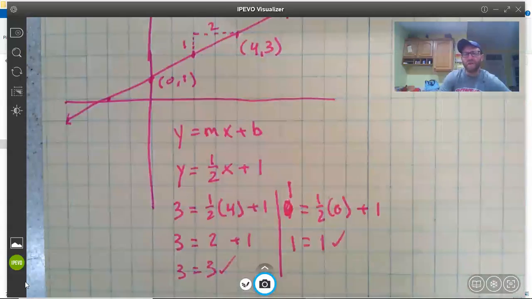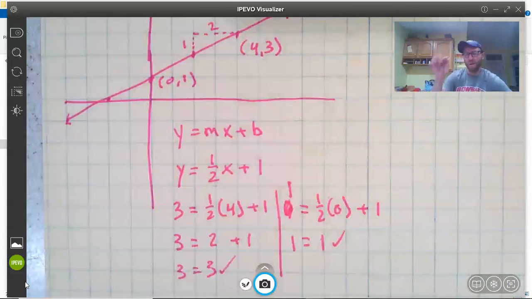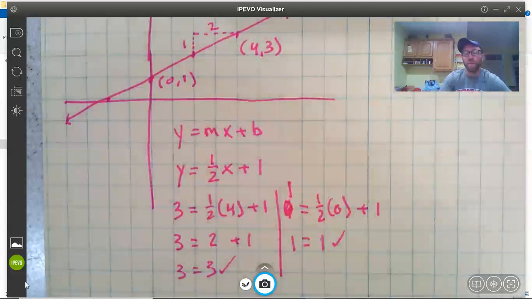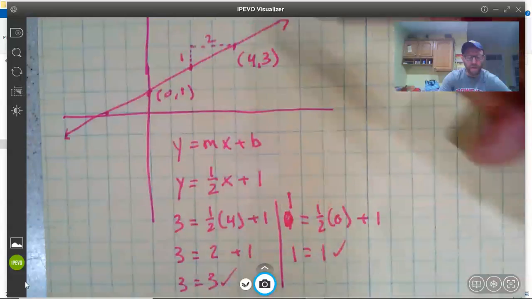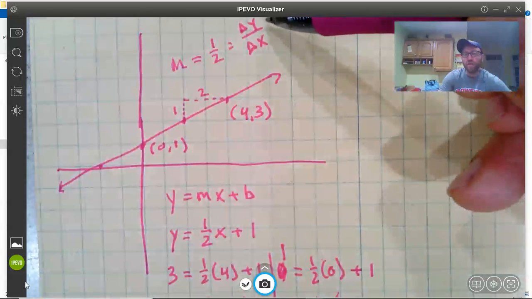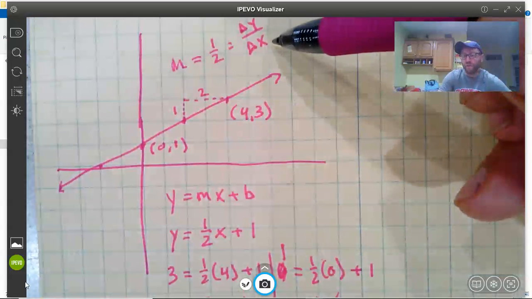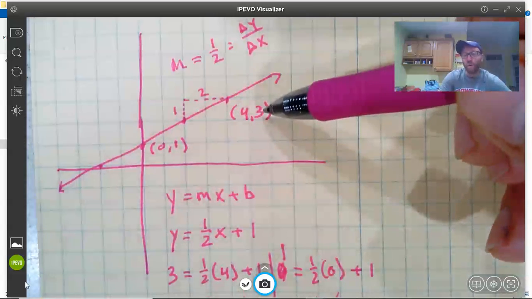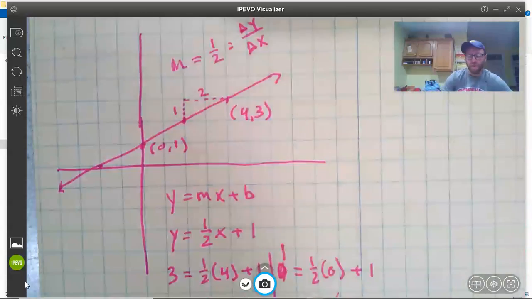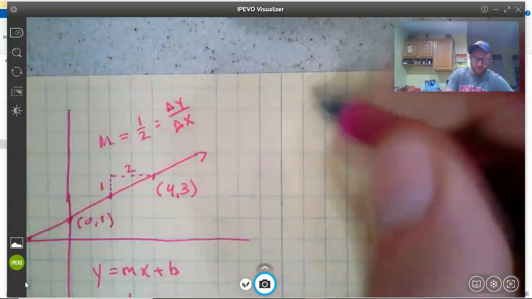Maybe you could see it on the graph, but it's clearly not a whole number, or maybe you're too far away from the y-axis, or you don't have a graph, whatever. But if you have the slope of the line, its ratio of vertical to horizontal change, and you have just any point on the line, it doesn't have to be the y-intercept, you can write it in this other form called point-slope.